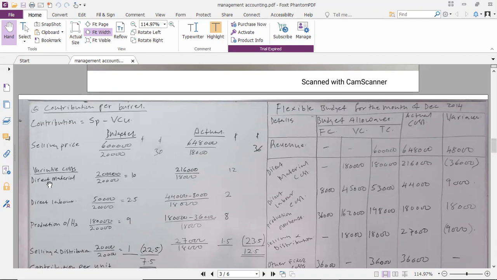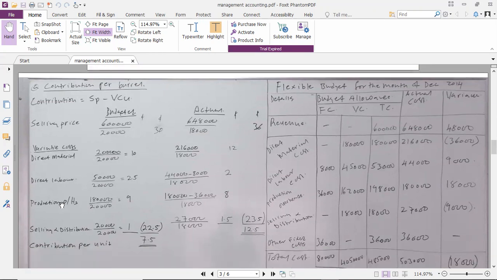Then your variable cost. Your direct material cost in the question is 200,000. You divide the 200,000 by the 20,000, direct material cost is 10. Direct labor cost in the question is 50,000, divided by the 20,000, you get 2.5. Production overheads is 180,000, divided by the 20,000, you get 9.